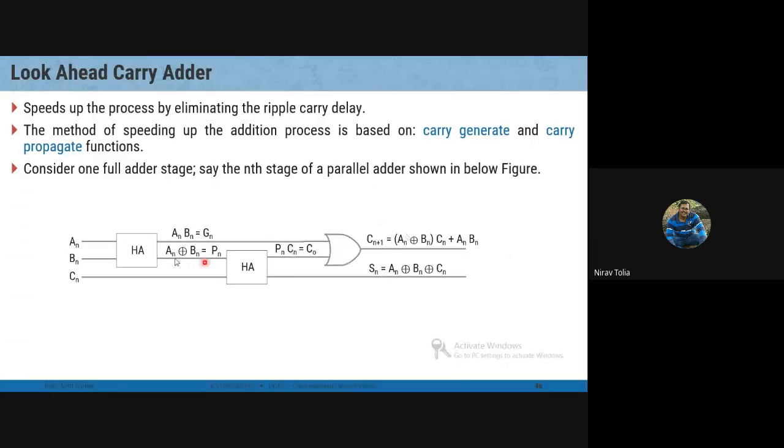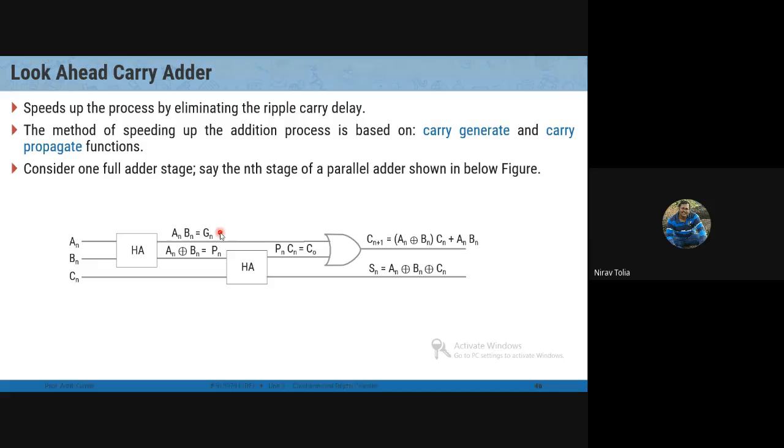So this is my half adder one, having inputs A and B. So we have two outputs. AN and BN give the carry which is generated.